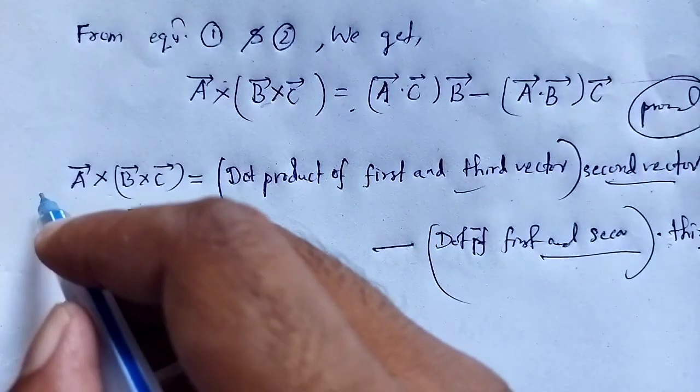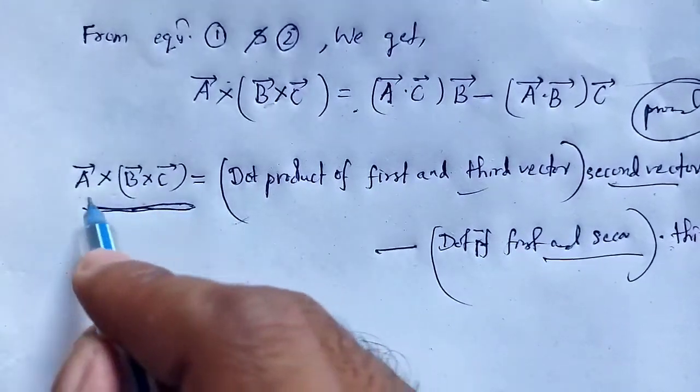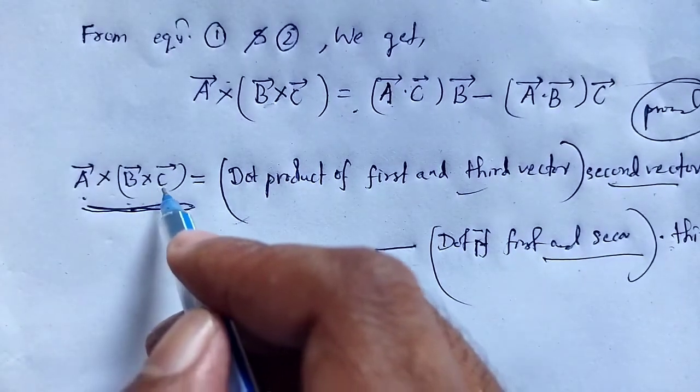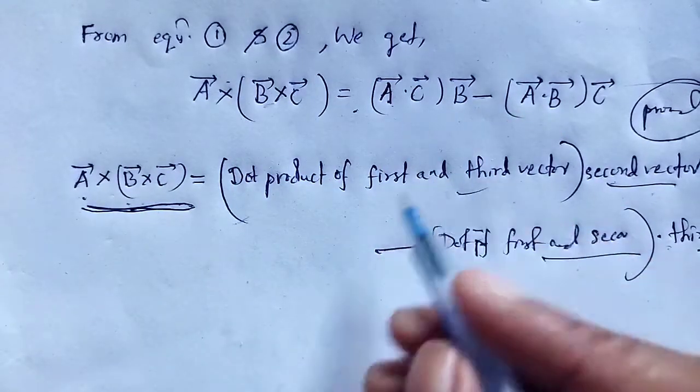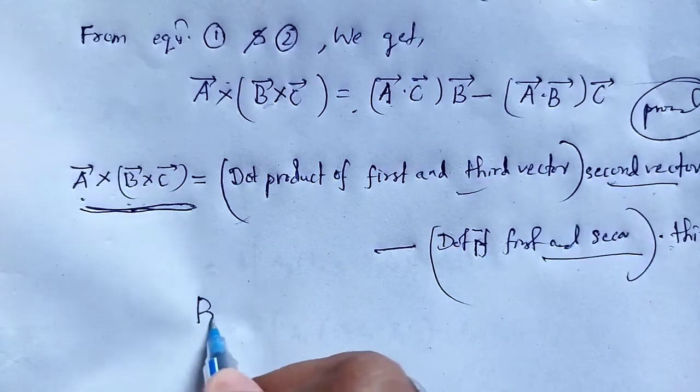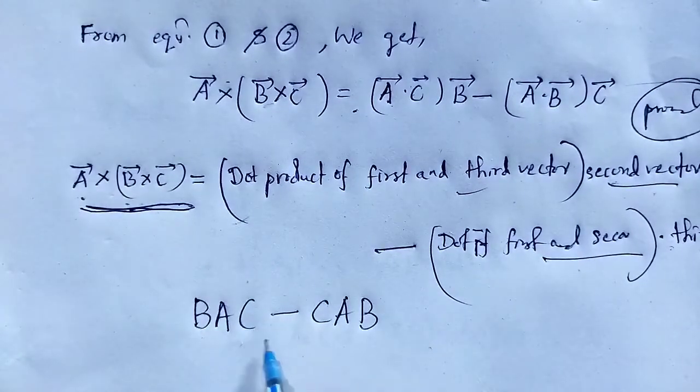Also, if we relate it to A cross of B cross C, then we can memorize the expansion formula as back minus cab.